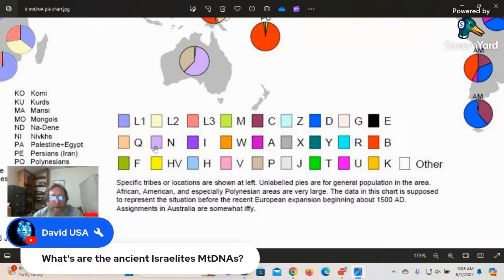But in the Y chromosome, it goes from the A, B, C, D, and E to the F, G, H, I, J, which is Semitic. So it goes from Hamitic to Semitic and then to Eurasian. Whereas here, the mitochondria goes from Hamitic to Eurasian, then to Semitic, is what the connections are.